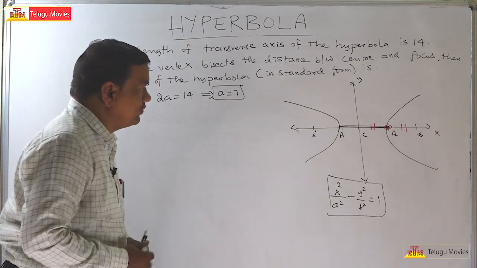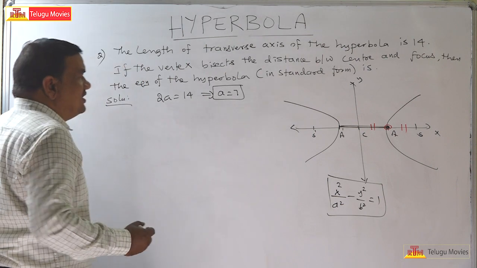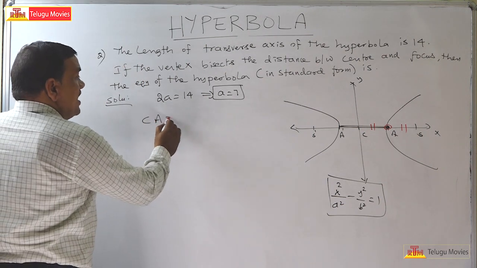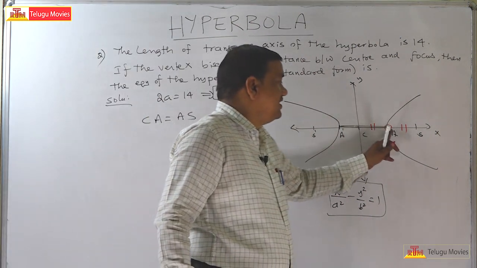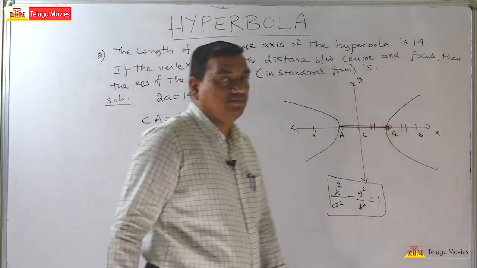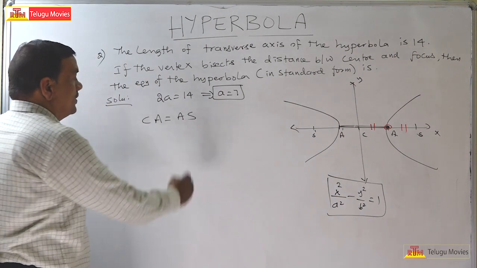Understand? Then how to find it? It is given that CA is equal to AS, since A is the midpoint.